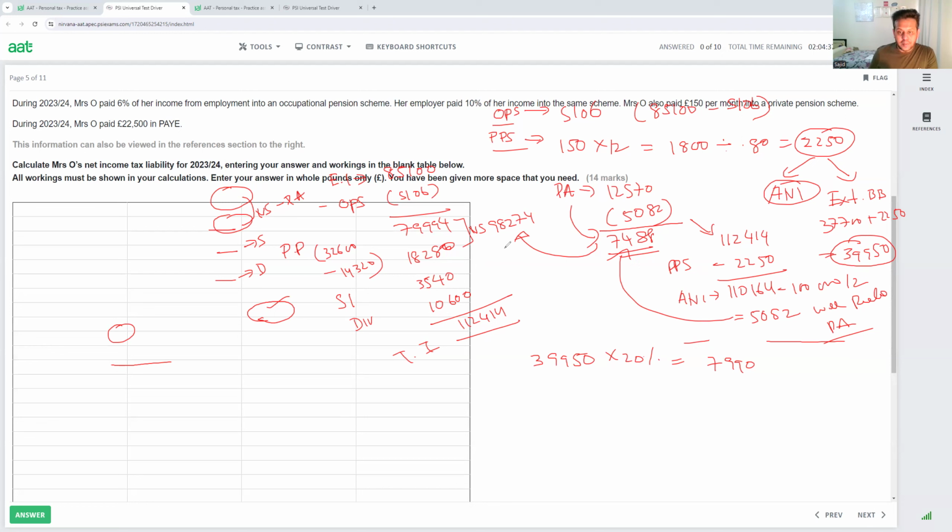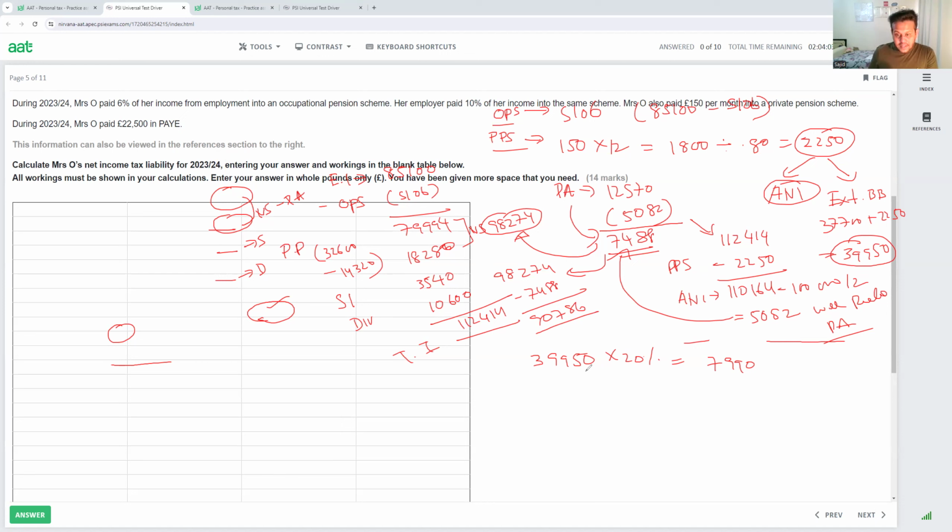If you remember this non-saving 98,274, I need to minus the personal allowance from here, 7488. So let me see how much is my actual non-saving: 98,274 minus 7488 gives me 90,786. After the personal allowance, that's my non-saving income.